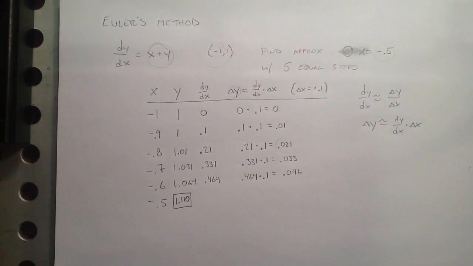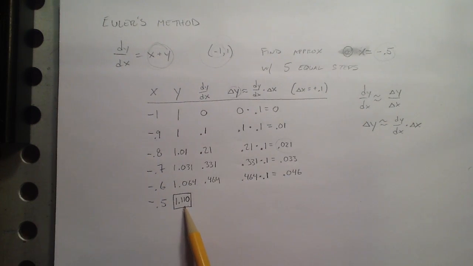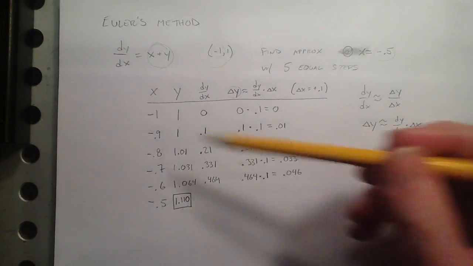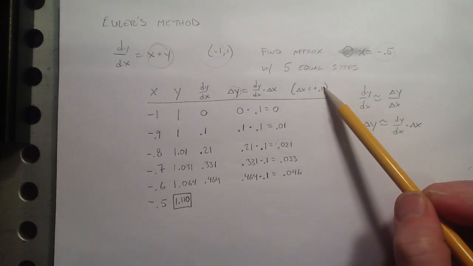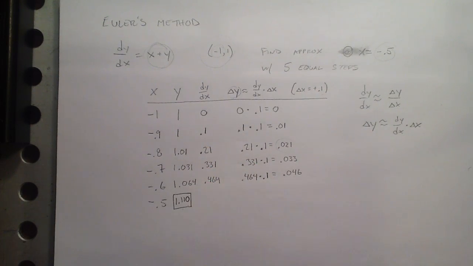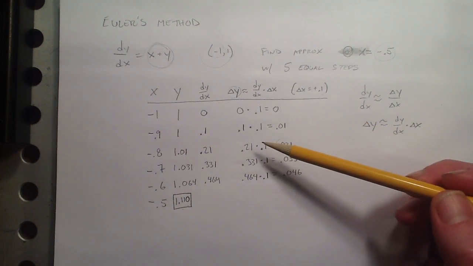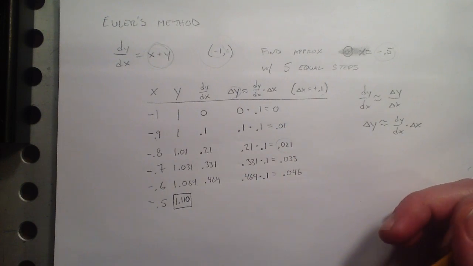We can talk about how accurate this is. If you needed it to be really, really accurate, of course you could just take more and more steps, make the step size smaller and smaller, and you could get better and better approximations for that value. But typically, at least AP test style, you're going to be asked to do this with 2 steps of equal size.